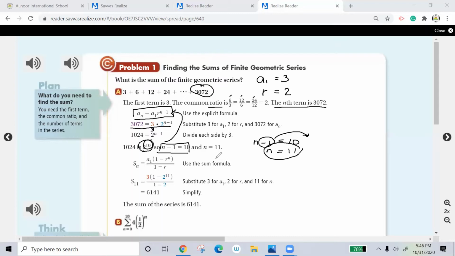Okay, since we now have n, we have our common ratio, which is 2, and our first value, which is 3.